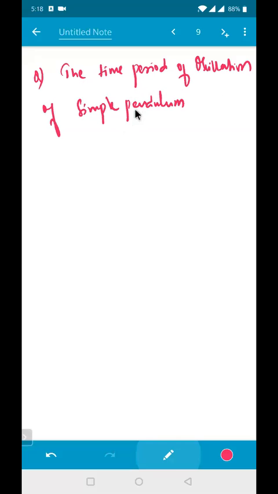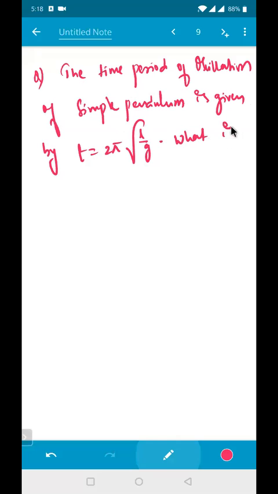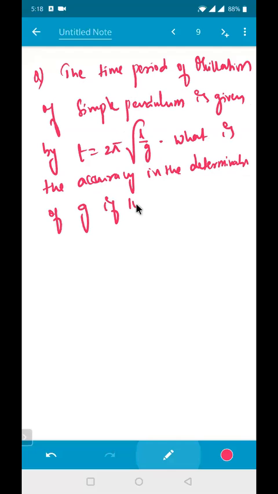Anyhow, the time period of oscillation of a simple pendulum is given by T equals 2 pi under root of L by G. What is the accuracy in the determination of G if a 10 centimeter length is known to 1 mm accuracy?